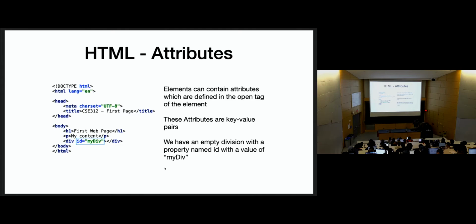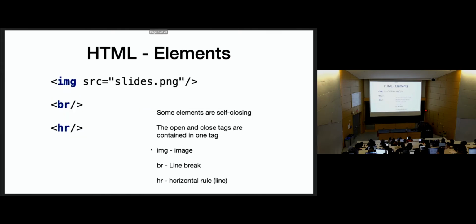In the previous slide, we had an image with a property of src for source of slides.png, saying the image can be found at this relative URL. So go back to the server and make a GET request for the path slides.png, and then you'll be able to get that content added to this page.